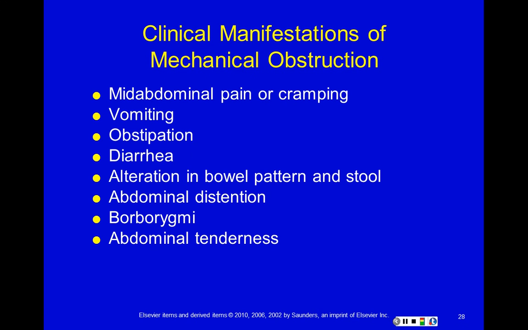So what are the clinical manifestations? Definitely, the person is going to have some mid-abdominal pain or cramping with a mechanical obstruction. They're going to have vomiting. If you think about it, if the person has an obstruction and eats, once the food hits that small bowel or colon, it can't move.